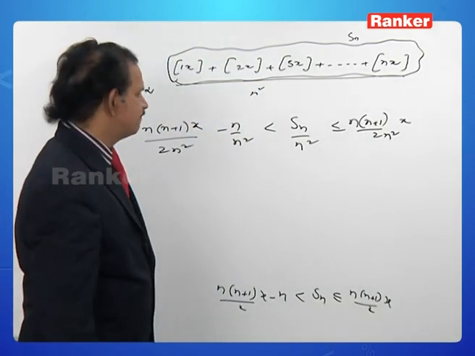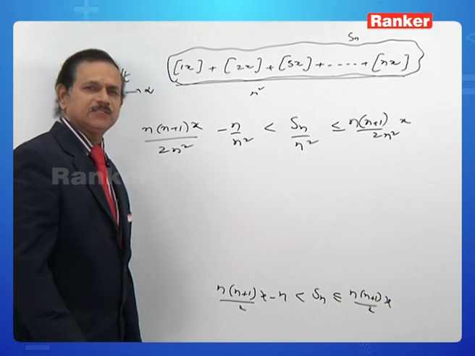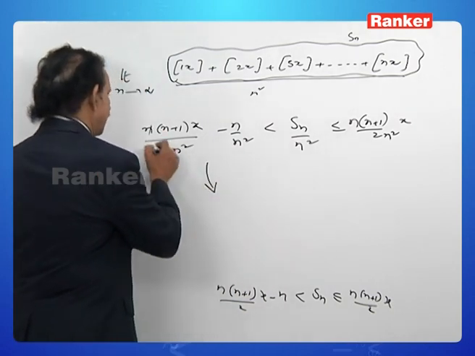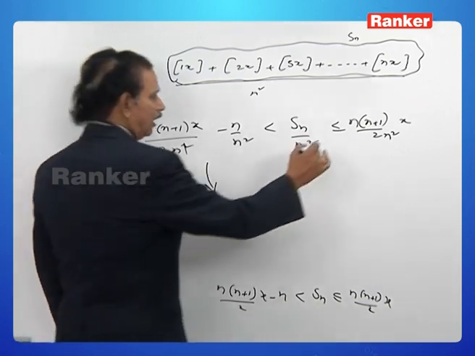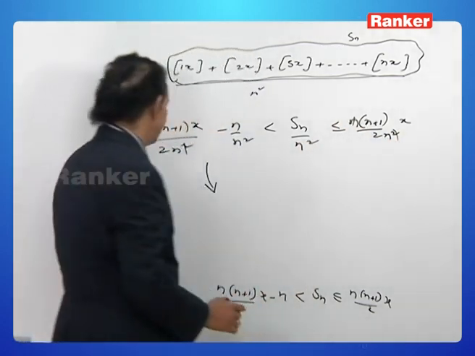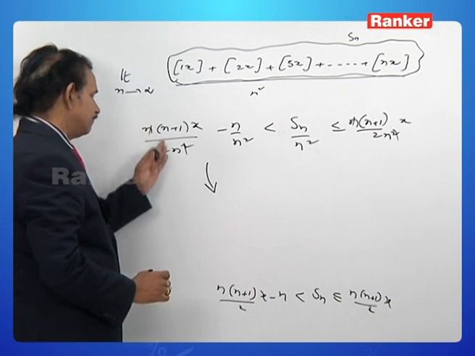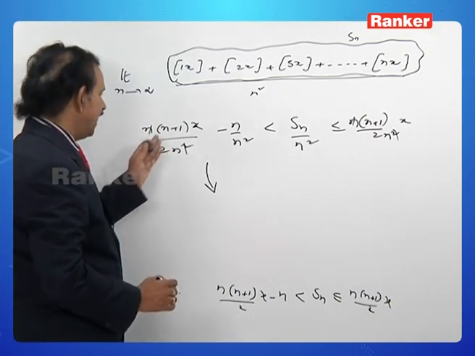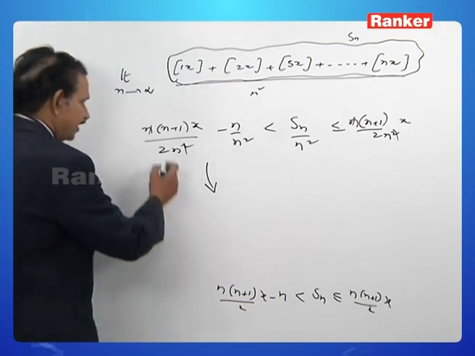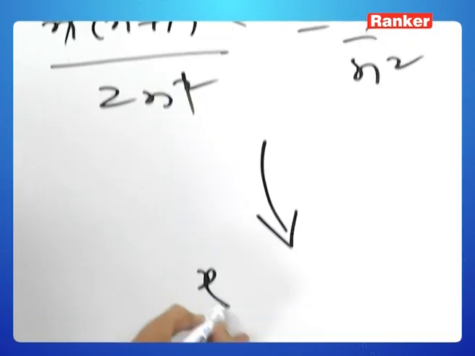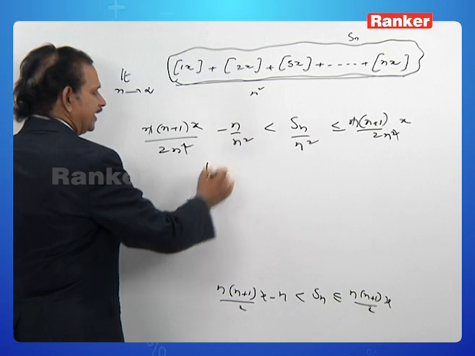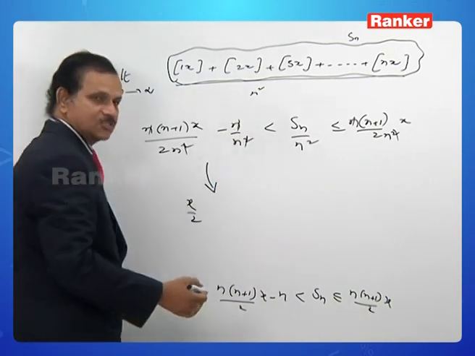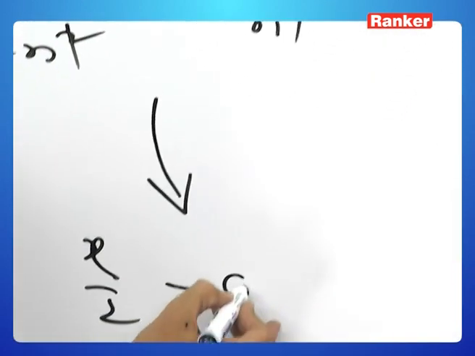Now it is a very easy matter to see that n and n will go away, and n by 2n approaches x by 2. Then 1 by 2 into x is x by 2, minus n by n squared, which is 1 by n. As n tends to infinity, it tends to 0. So x by 2 minus 0.